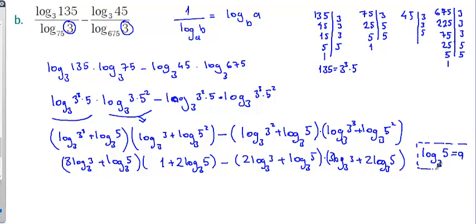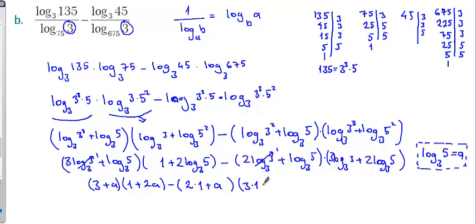I'm giving one value for easy operations. So this is going to be 3 plus a, times 1 plus 2a, minus 2 times 1 plus a, times 3 plus 2a.